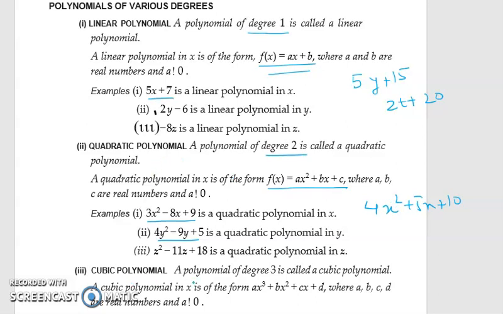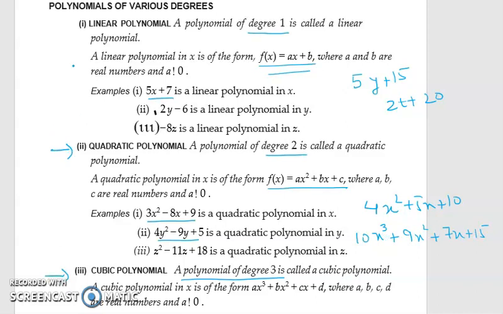Similarly, for a cubic polynomial, a polynomial of degree 3. Example, if I write 10x cube plus 9x square plus 7x plus 15, what is the highest power here? The degree is 3. So this means that the degree of the polynomial is 3, and it is called a cubic polynomial.